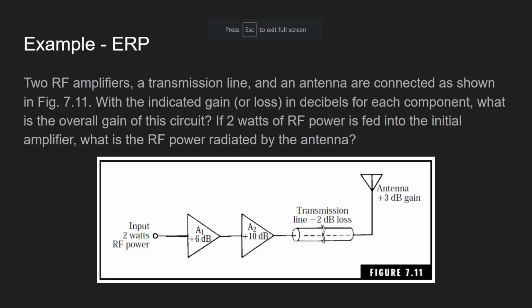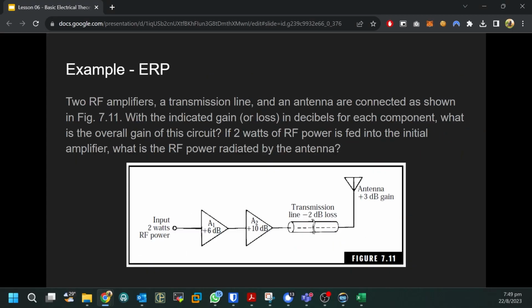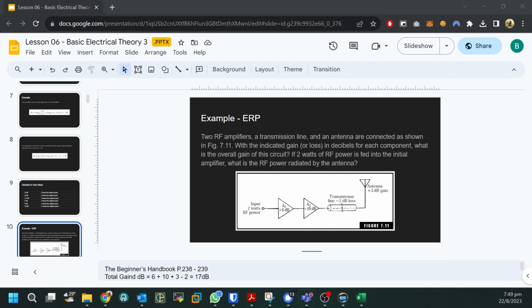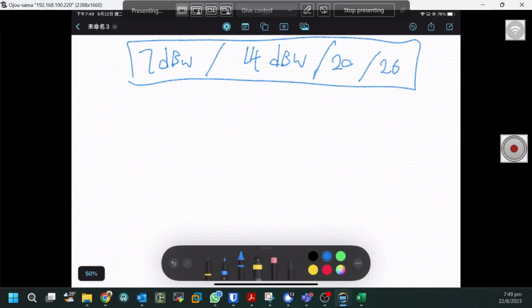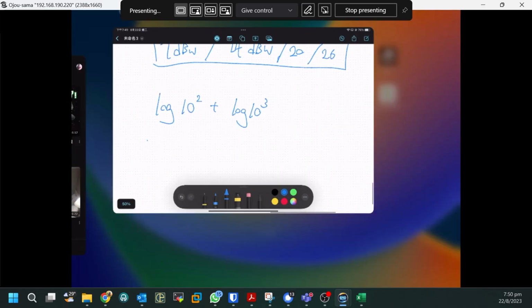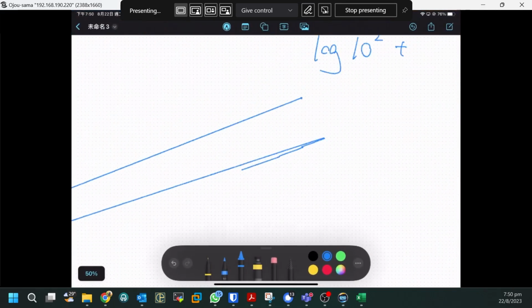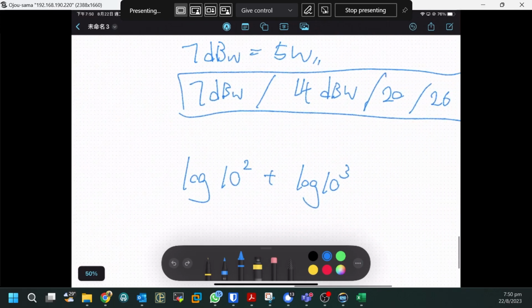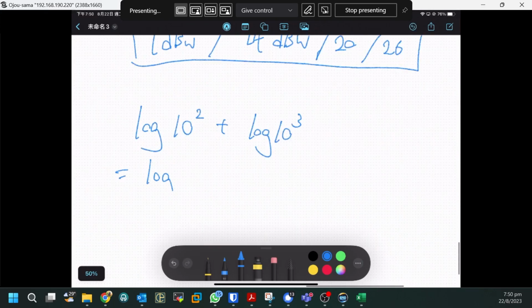Let me go through it once again. Okay. So for logarithmetics, if they have log 10 to the power 2 plus log 10 to the power 3, you can have something like this.